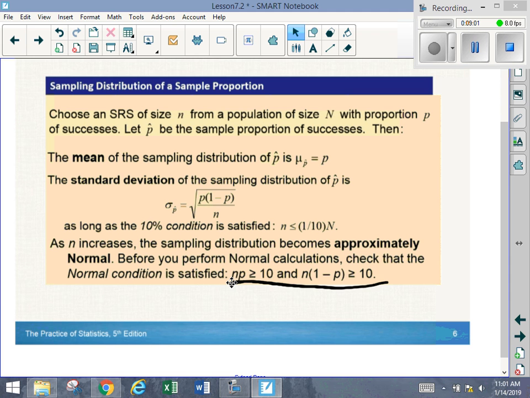This is something an AP grader will look for: if you're going to perform a calculation using a normal distribution for a sample proportion, you have to check those two conditions, or else you lose a point. You'll go from an E to a B on whatever that problem is.